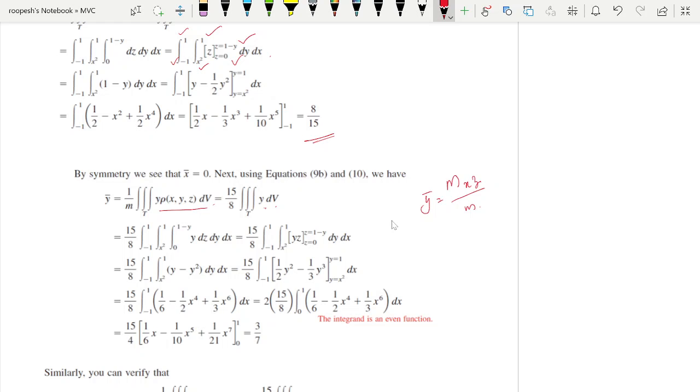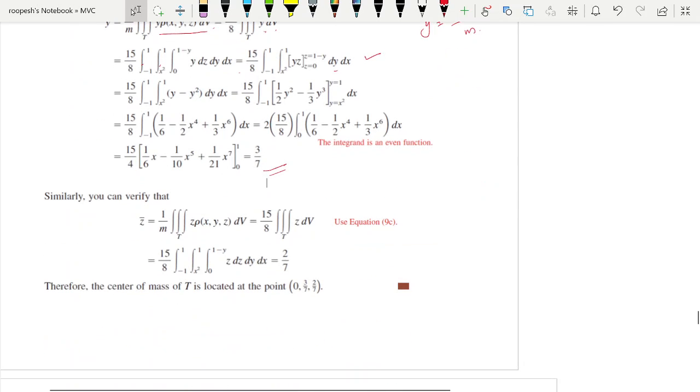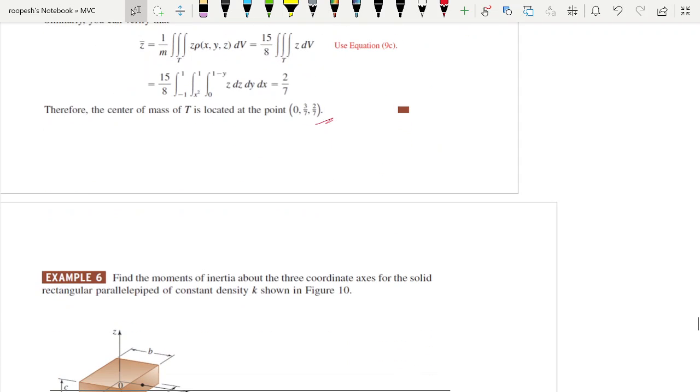So we find the limits as such, this is for z, this for y and this for x, and we get this equal to 3 by 7. Similarly we find z bar, and z bar we will also get like this.